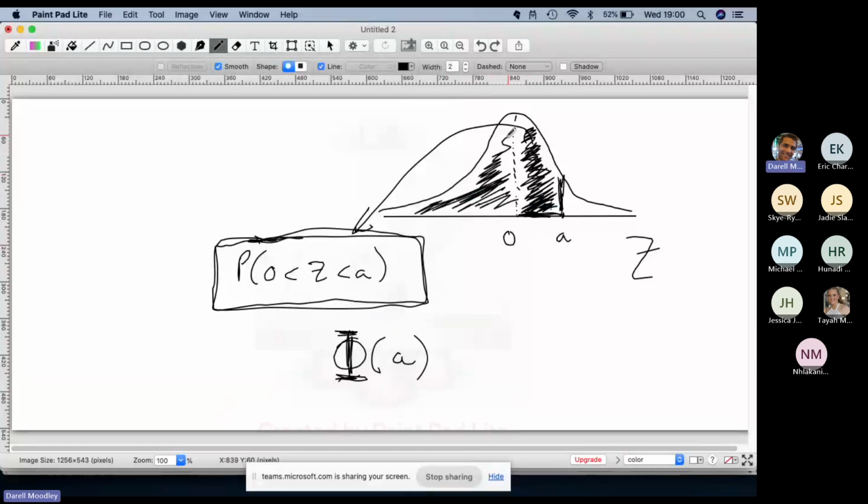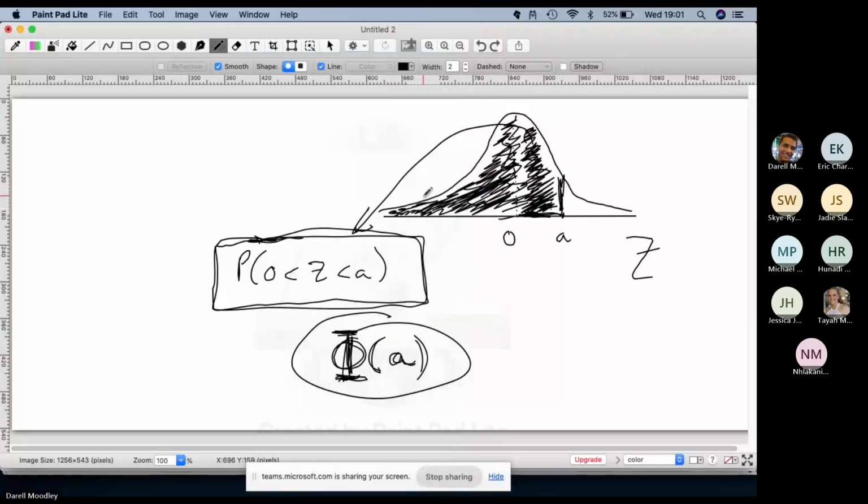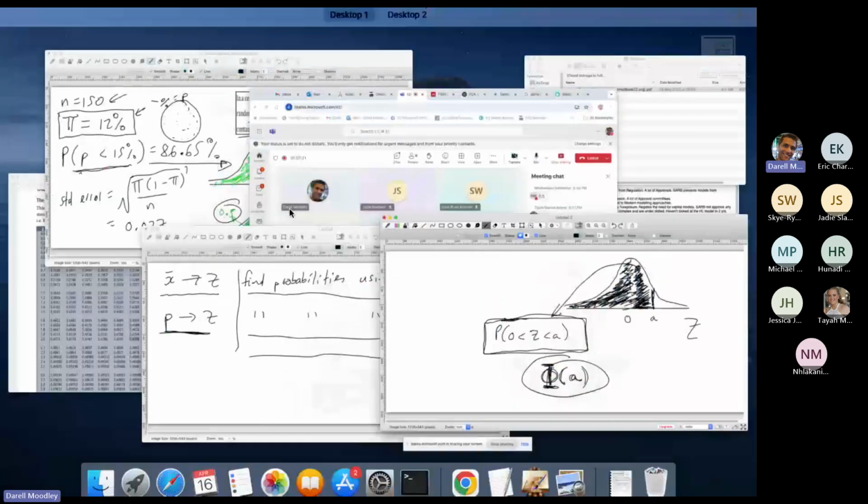That's in general how normal distribution probabilities are notated. You don't need to know this, I'm just answering the question you asked. If you see phi of A, they're asking you to find the area under the curve for everything less than A, so this entire black area. Does that answer your question?